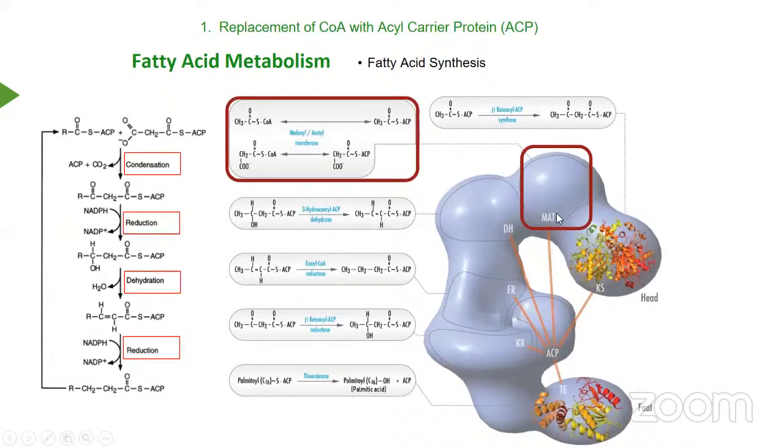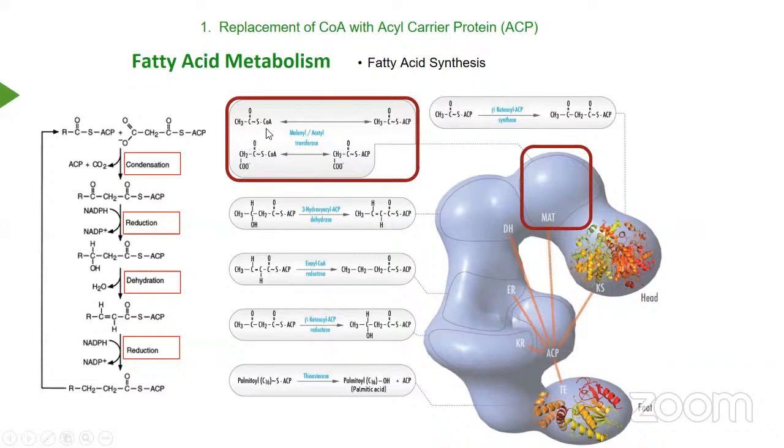So here, in the fatty acid metabolism, what individual steps are there, like malonyl acetyl transferase, what does it do? In this step, the malonyl is transferred to either acetyl or any already existing acyl group. Maybe 6 carbons are already there, so another 2 will be added like that.